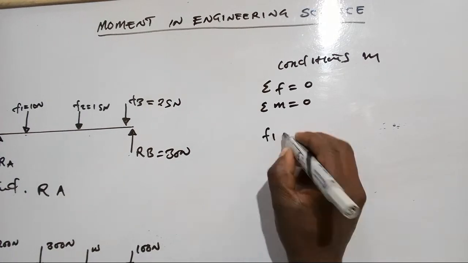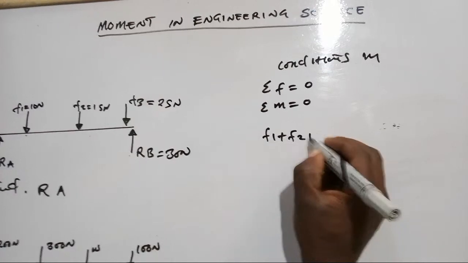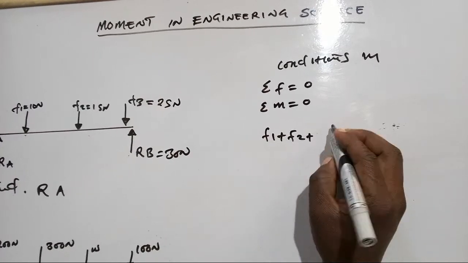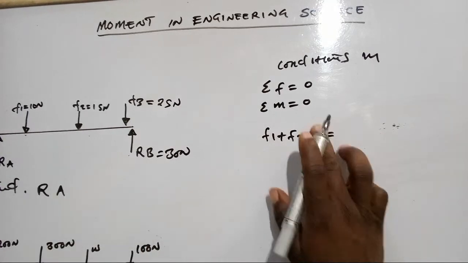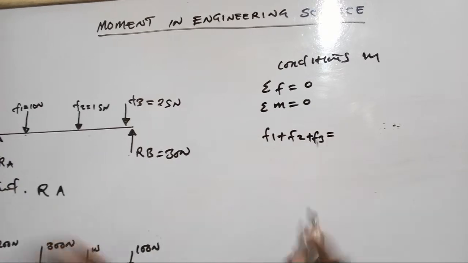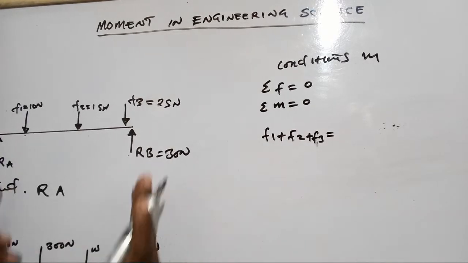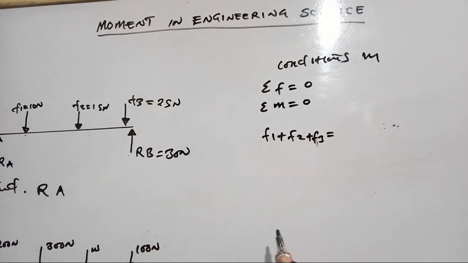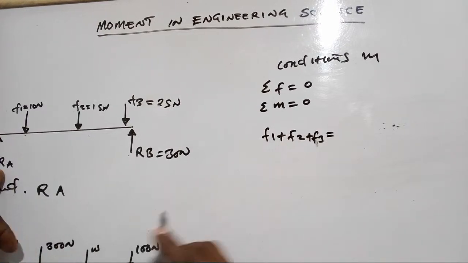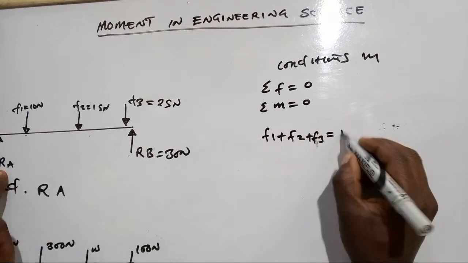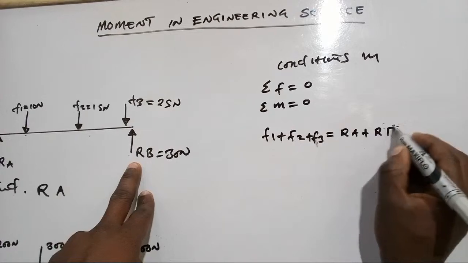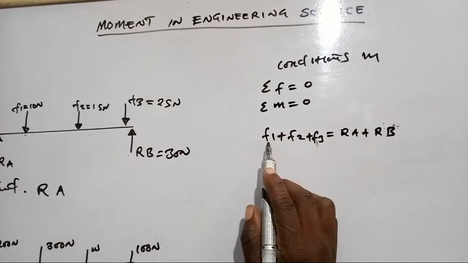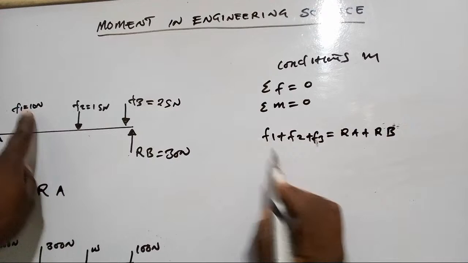So F1 plus F2 plus F3 should be equal to the forces which are acting upward, which are Ra plus Rb. Force 1, we have 10.